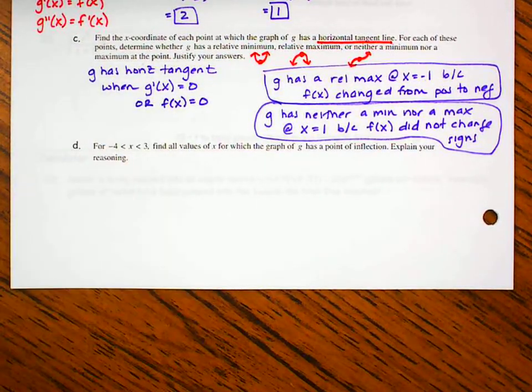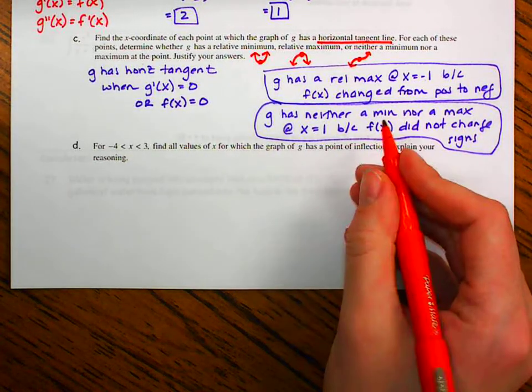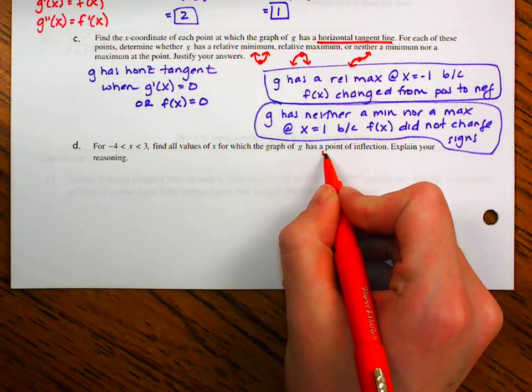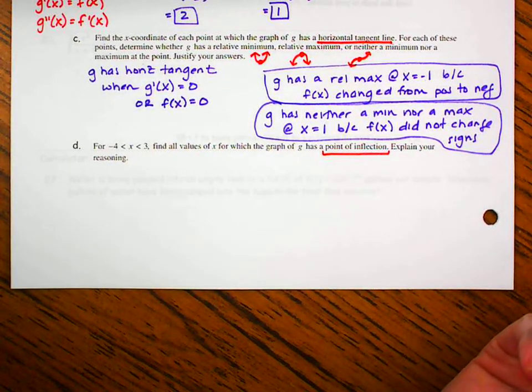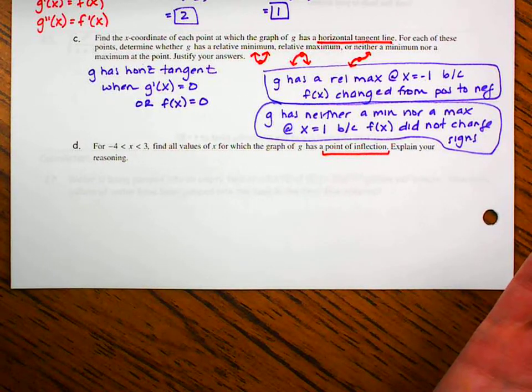On my interval from -4 to 3, find all values of x for which the graph of g has a point of inflection. Explain your reasoning. Okay, so we're looking for a point of inflection. Now, often when we look for it algebraically, we're solving for the second derivative either being 0 or undefined, but the easier thing to think about for a point of inflection is we actually have to have a sign change for the second derivative.